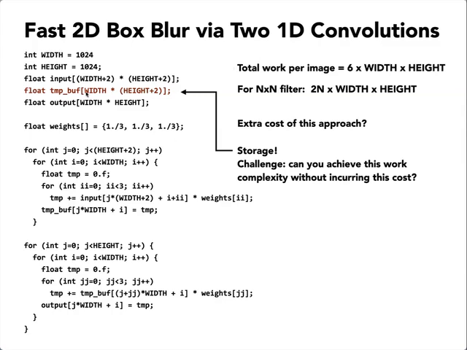They also have to think about, do you have to store all of the data at once, or are there more clever ways to do it? What is the minimum data that you can store in a temporary working set in order to optimize this? I'm not going to go through the details of that, but I just note that you can optimize this very significantly. So the challenge is, can you achieve this work complexity without incurring this cost, or minimizing the storage cost?